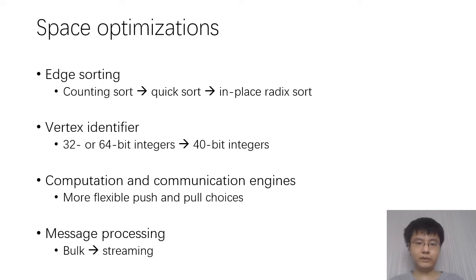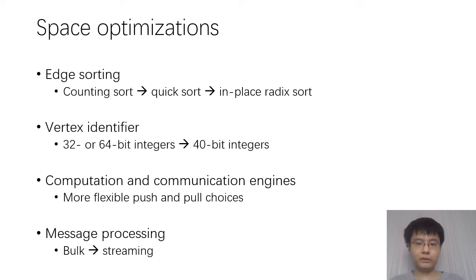To cope with these issues, we applied quite a few important optimizations on top of the core Gemini engine, and most of them are space-oriented. We first focus on improving the efficiency as well as space usage of preprocessing phases.